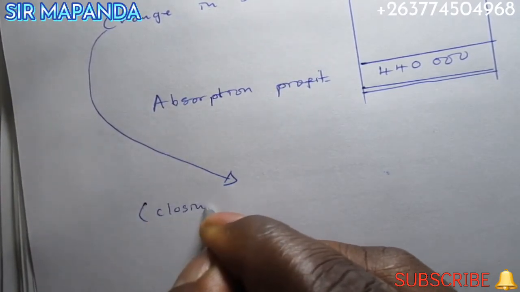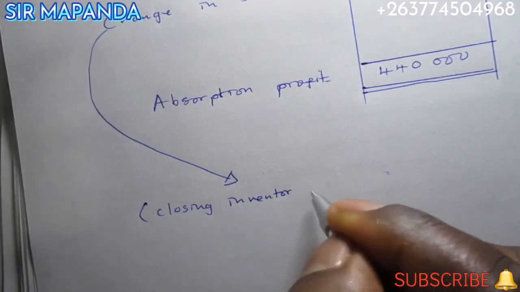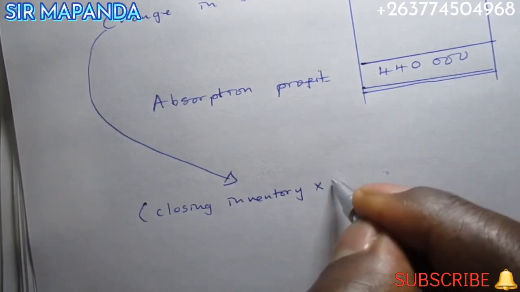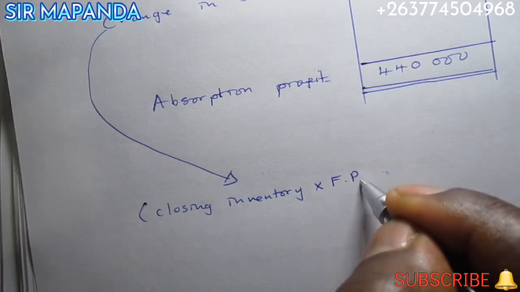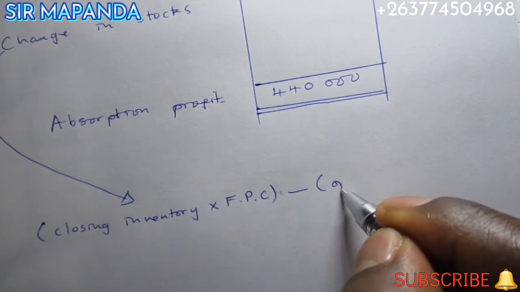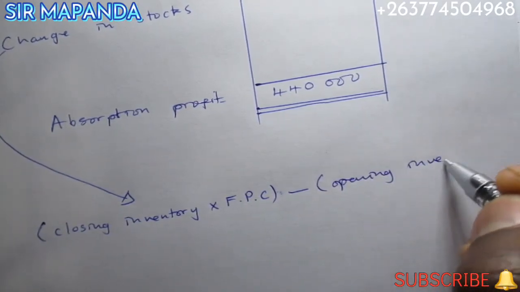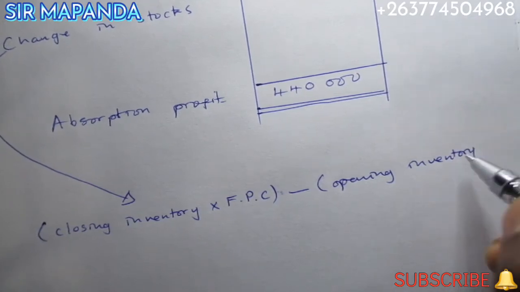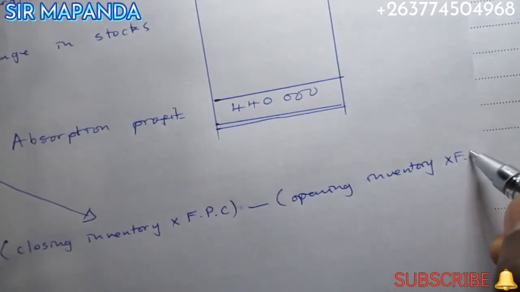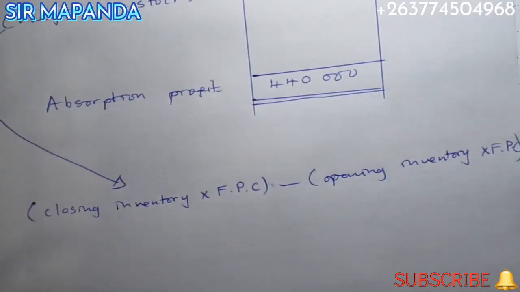Closing inventory, right, times fixed production cost per unit, right, minus opening inventory, I hope you are following, times fixed production cost per unit. This is the formula for change in stocks.